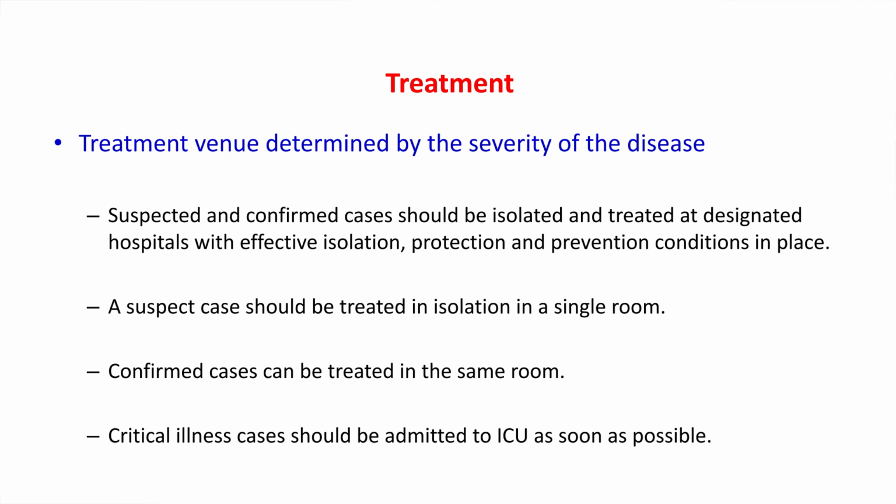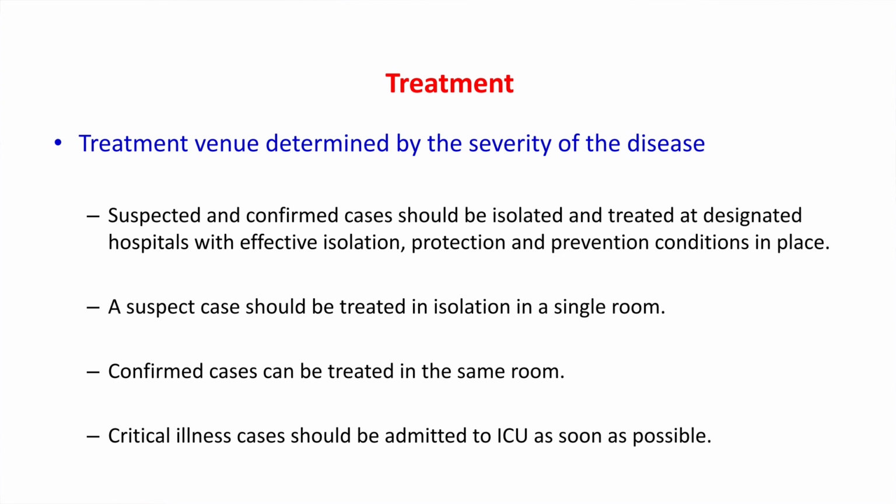I'd like to talk about the treatment. So far, there are no confirmed drugs for the coronavirus, COVID-19. So supportive treatment and oxygen treatment are very important. First of all, we treat the patients according to different severity of disease.